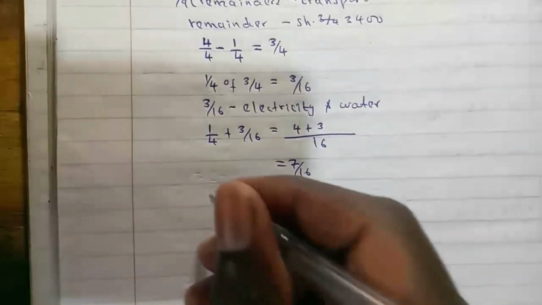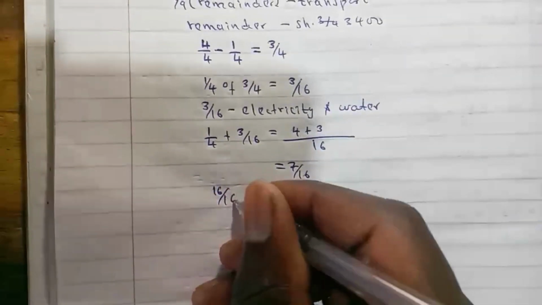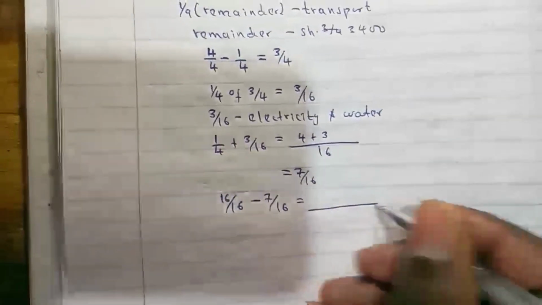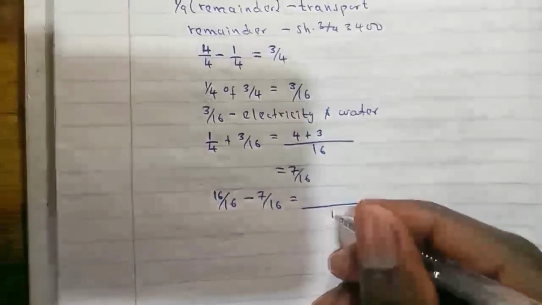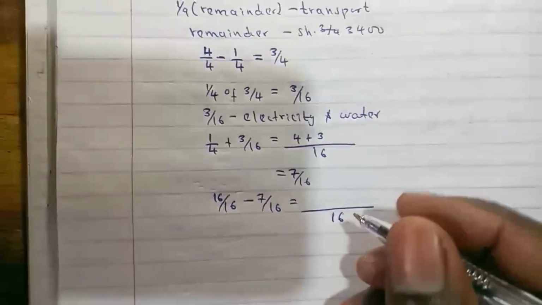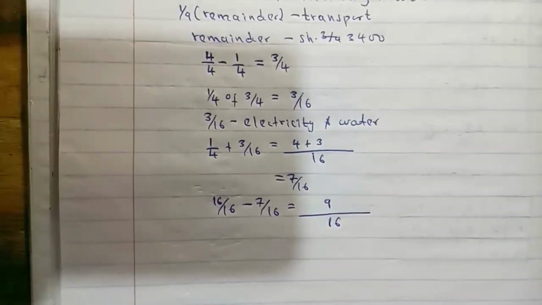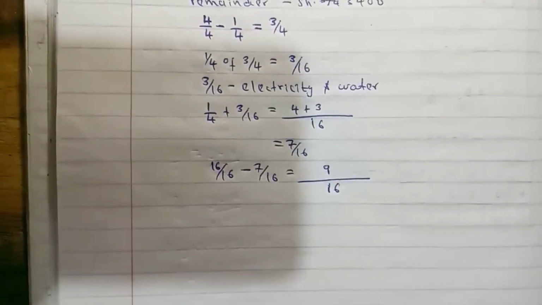So we assume that the total fraction is 16/16. Then we subtract 7/16 to get the remainder. These are fractions with the same denominators, so we subtract them directly. 16 minus 7, we get 9.